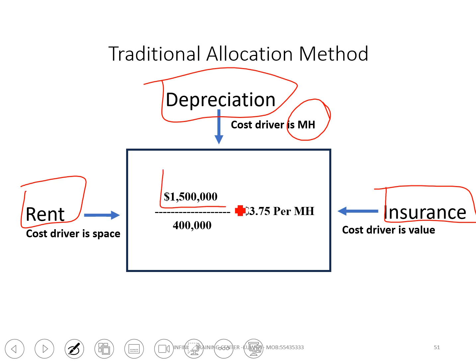We are adding all the cost into one cost pool and dividing that by machine hours. So we are ignoring value, we are ignoring space, we are just allocating the total cost based on machine hours.